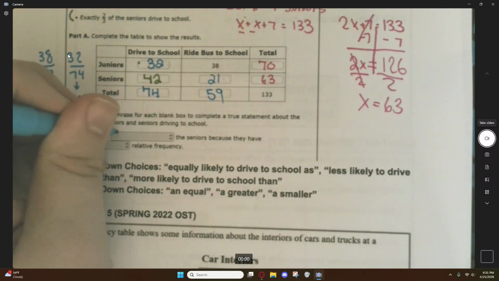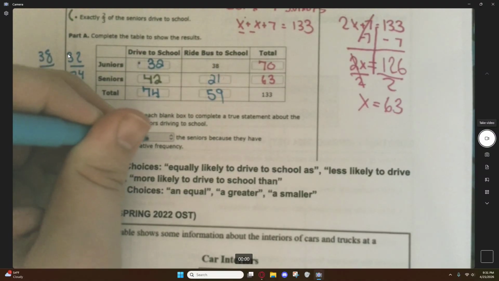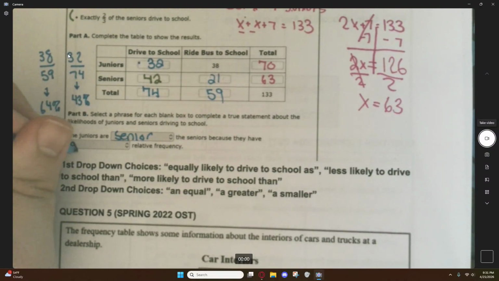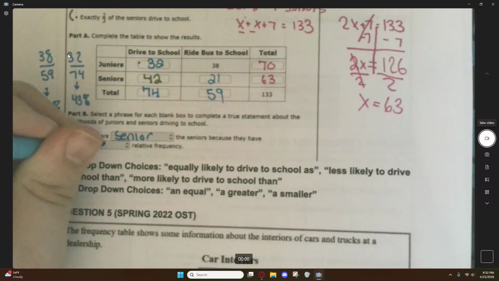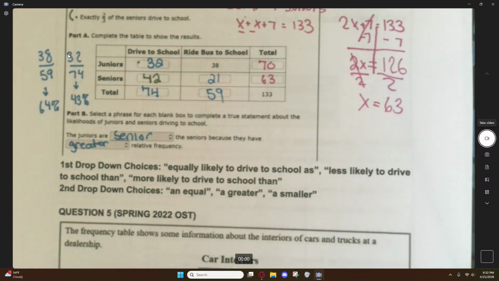Seniors. Because they have a greater relative frequency. And does that make sense logically? Yes. Typically, more seniors have their driver's license. Typically, more seniors have jobs that they can afford a car and insurance and all that fun stuff.